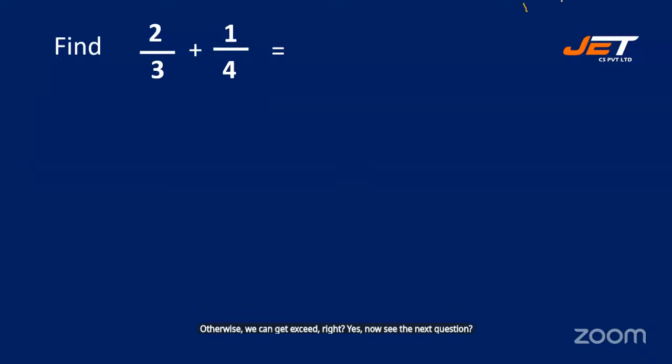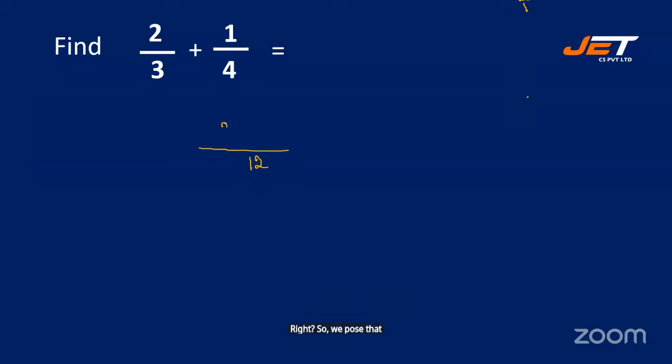Now, see the next question. 2 by 3 plus 1 by 4. So, what is 2 by 3 plus 1 by 4? We have to take LCM, isn't it? The LCM of 3 and 4 is 12. So, 3 will go in 12 how many times? 4 times. So, 3 4s are 12.